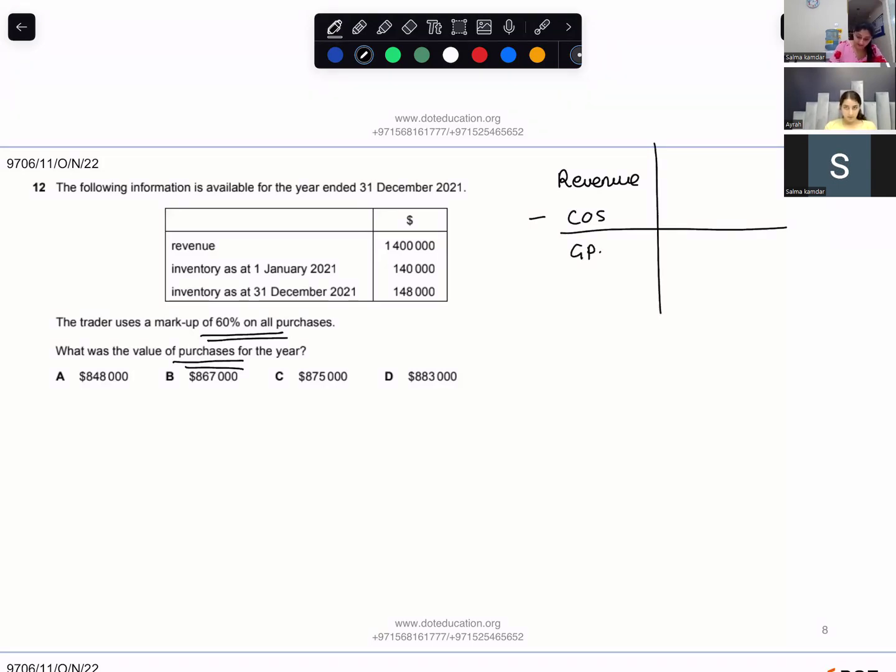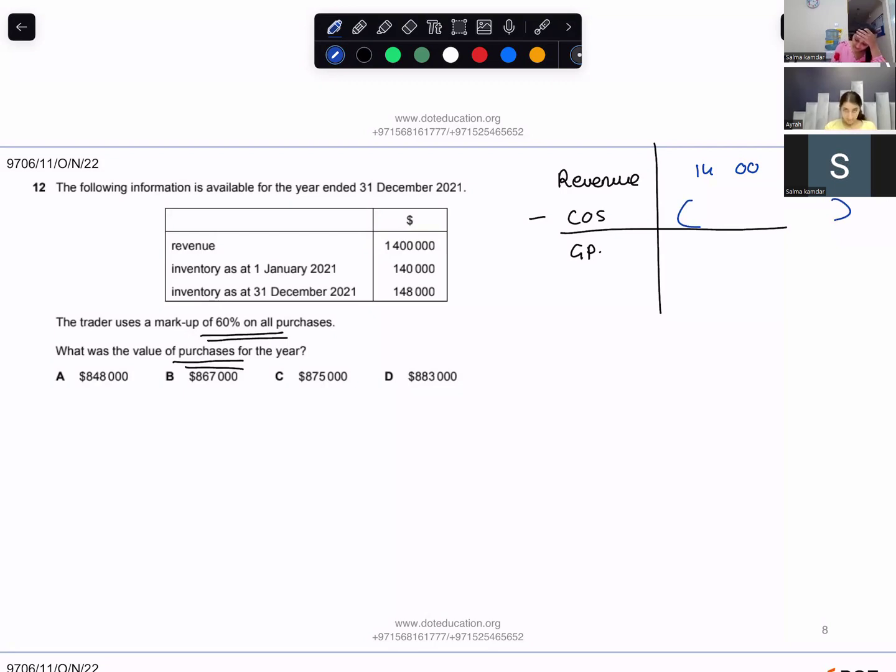You can see my screen, right? What is the revenue? It's 1, 4 and 5 zeros. You can say 1,400,000. Okay, so in the inventory, you'll put 140,000 as opening.